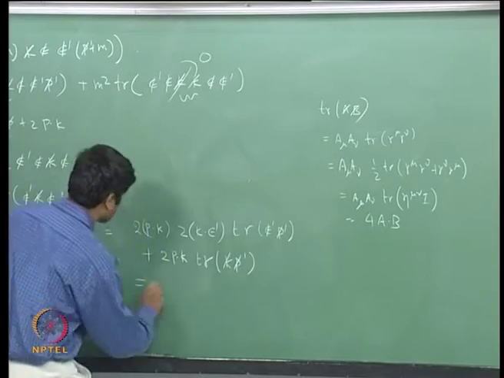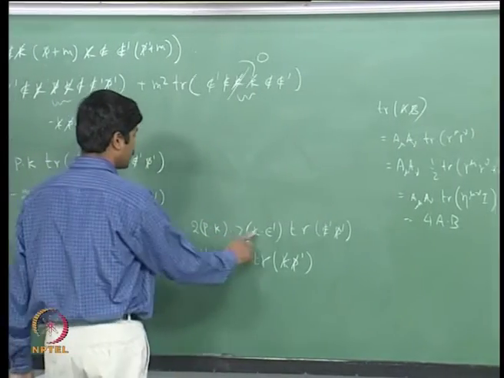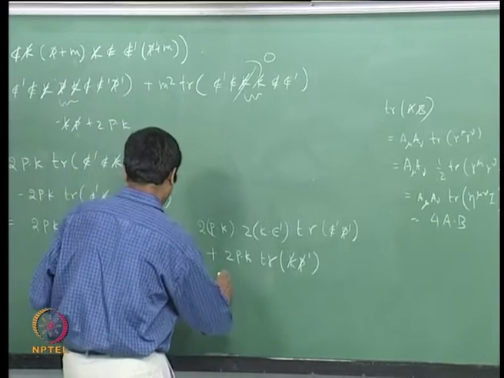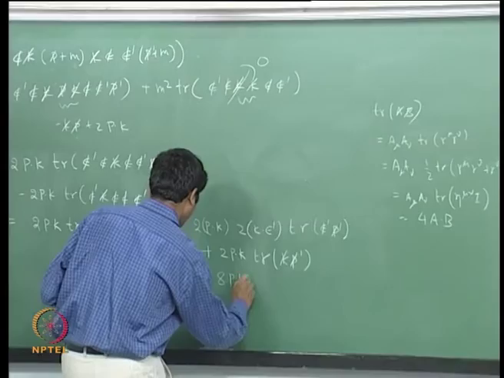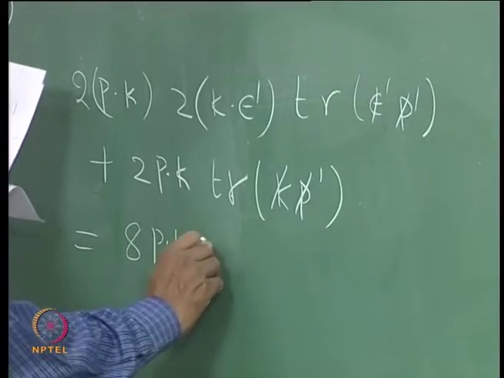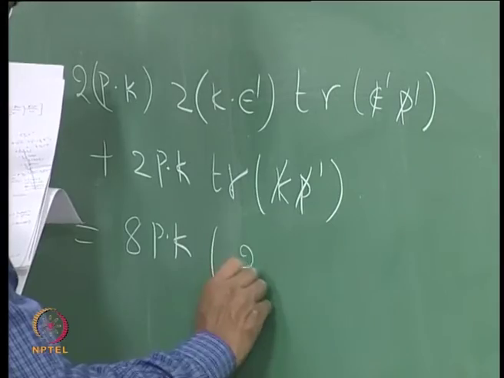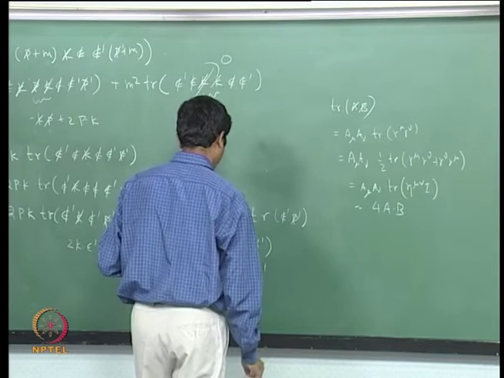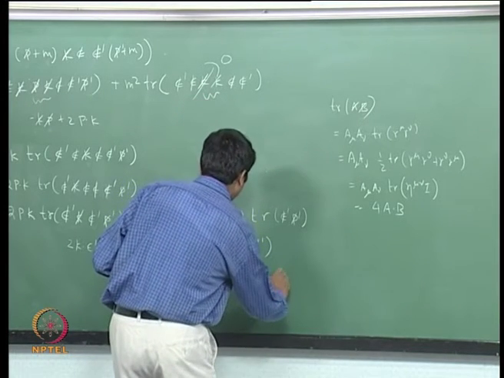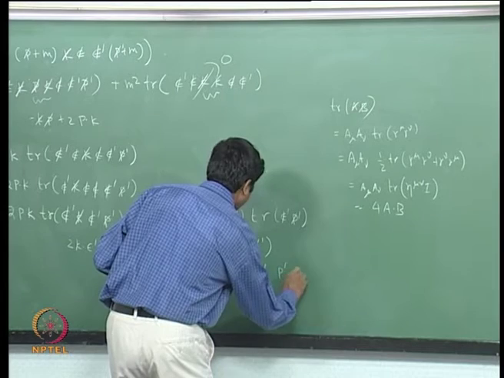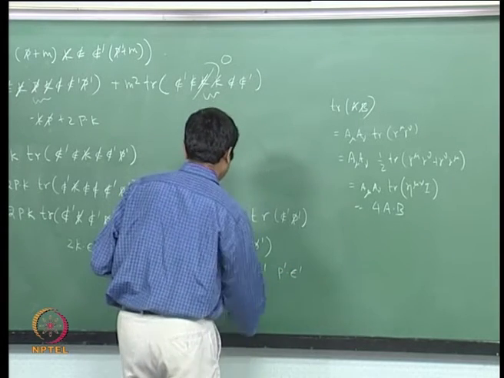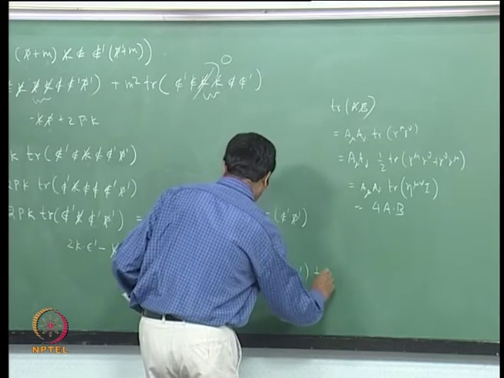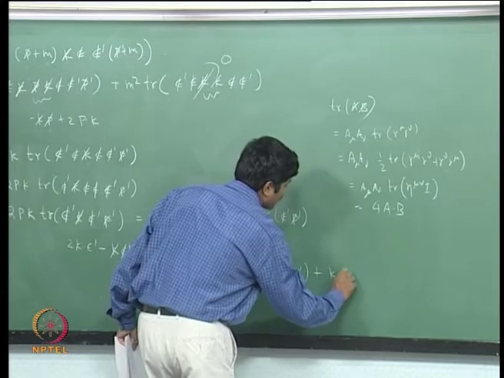So, we will use this relation here, then you see that this quantity is equal to 8 p dot k times twice k dot epsilon prime, then p prime dot epsilon prime plus k dot p prime.